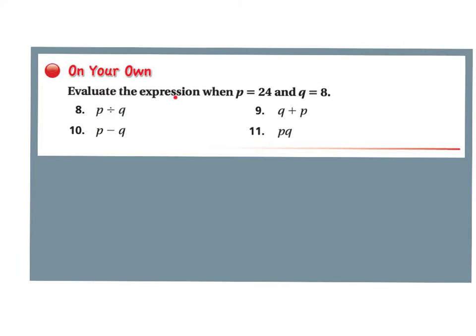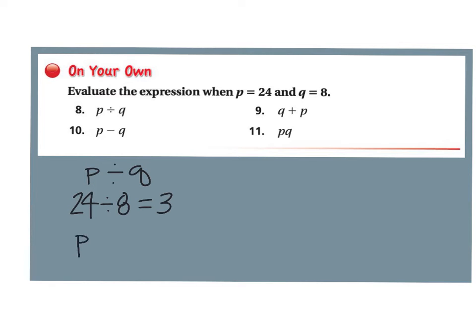So if we look at these expressions, when p equals 24 and q equals 8. The first one is p divided by q. So if p equals 24, we're going to substitute 24 for p, and then q is 8, and then we would solve. 24 divided by 8 equals 3.